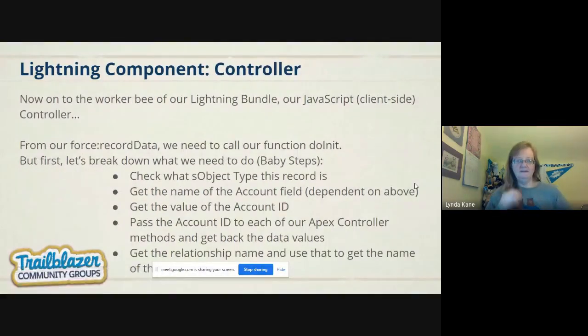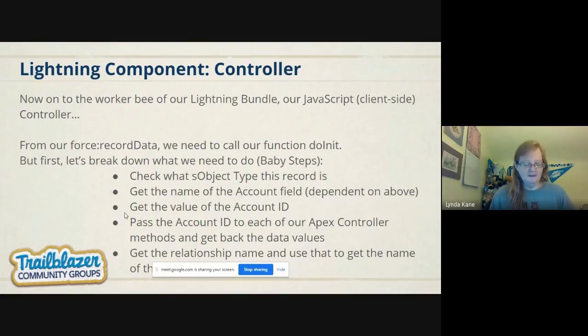So our next piece is the actual controller. This is the worker view of our Lightning bundle. This is the JavaScript client-side controller. As you recall from our force:recordData that we wrote in our component, we need to call a function called doInit.